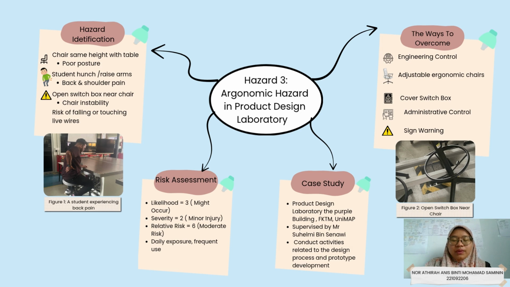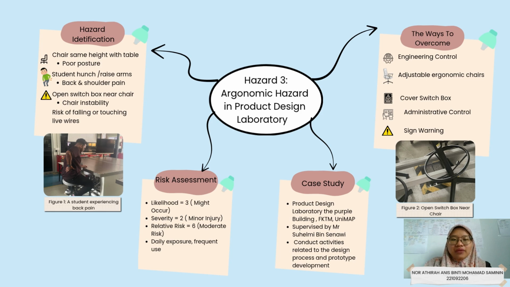Now, I will explain Hazard 3, which is an ergonomic hazard identified in the product design laboratory. This case study was observed in the product design laboratory located in the Purple Building of Fakulti Kejuruteraan Teknologi Manufacturing, UNIMEL. The lab is supervised by Mr. Suhaimi bin Senawi and involves activities related to design process and prototype development, which require prolonged sitting and concentration.